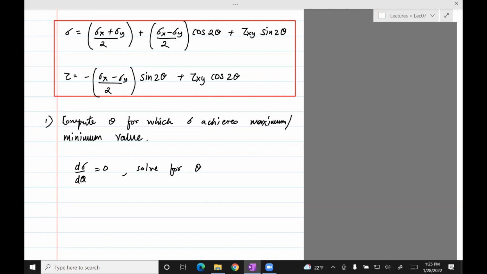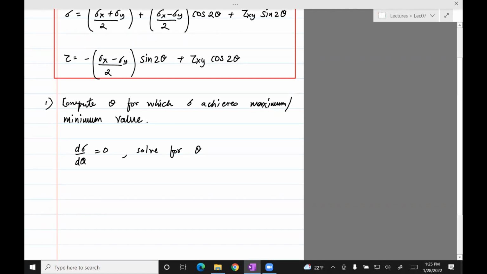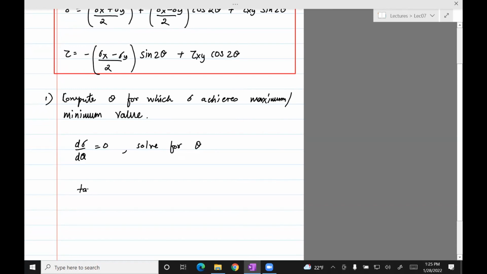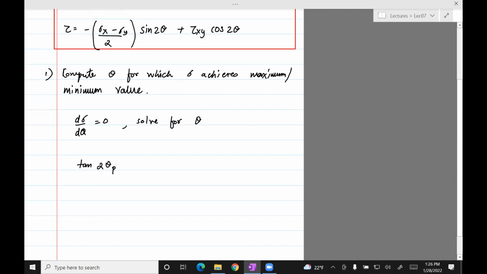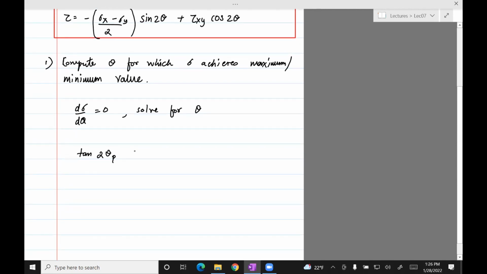If you want to check if it's a maximum or minimum, you take the second derivative. If the second derivative is greater than 0, it's a minimum. If it's less than 0, it's a maximum. That's from calculus. So what we get in this case is tan 2 theta P, where P stands, for principal, the principal direction of stress, equals 2 tau xy divided by sigma x minus sigma y.